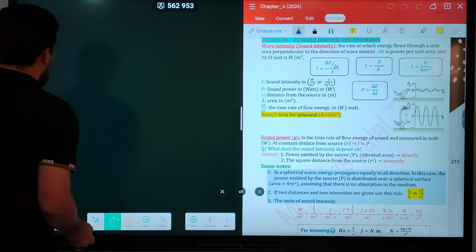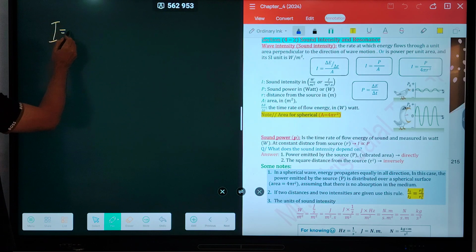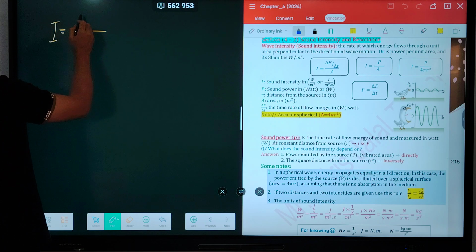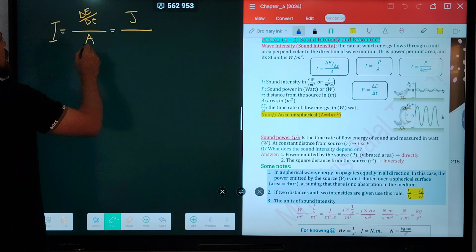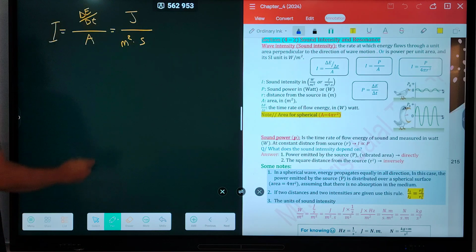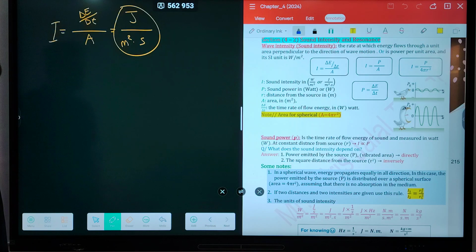According to another equation, power is equal to the time rate of energy. Energy is measured in joule, area in meter squared, and time in second. Can we represent the unit of intensity as joule over meter square second? Yes.